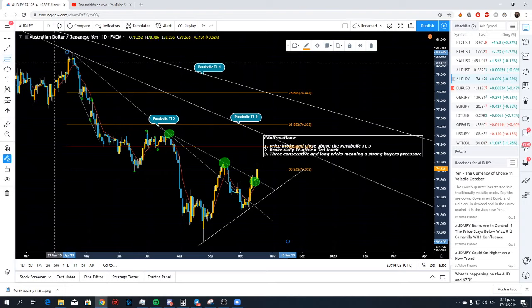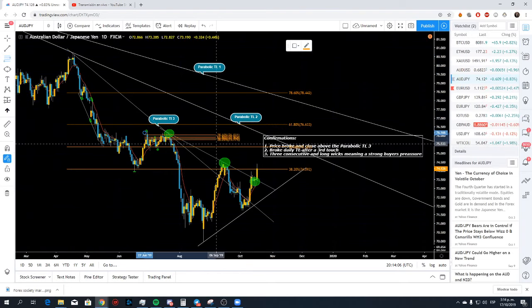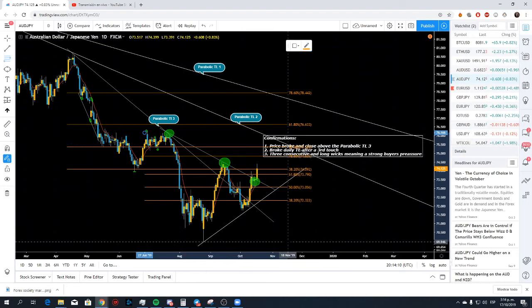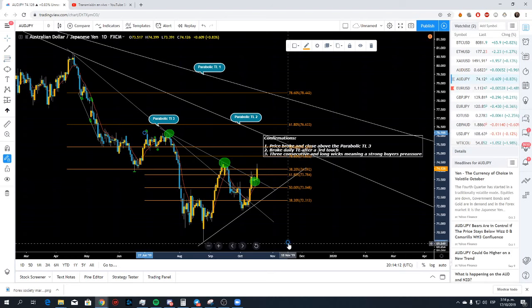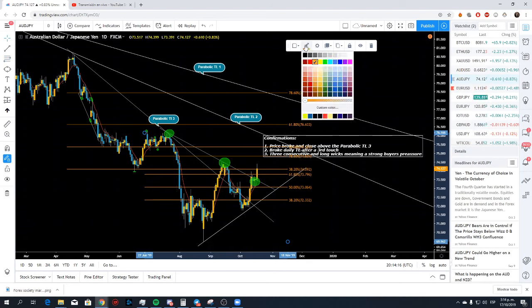Now we're gonna draw another Fibonacci from this high to this low. This is something called Fibonacci matching points. It's something I developed in 3-4 years of trading.